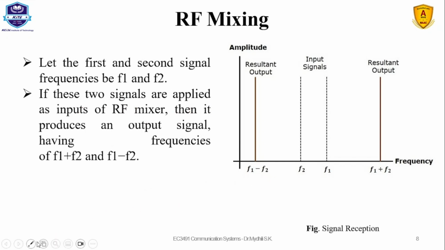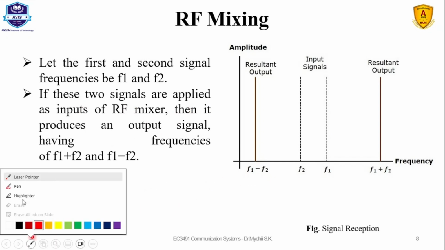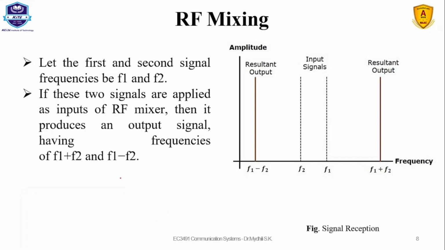So here two signals F1 and F2 are transmitted, and F1 plus F2 or F1 minus F2 can be generated. This is known as the intermediate frequency.